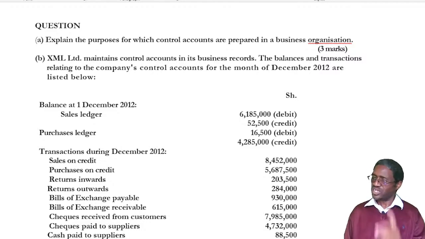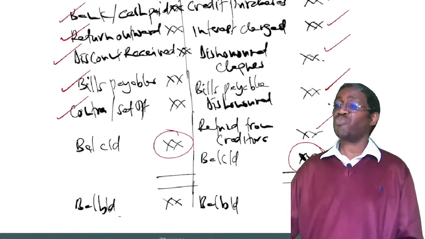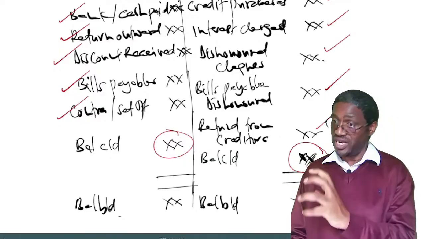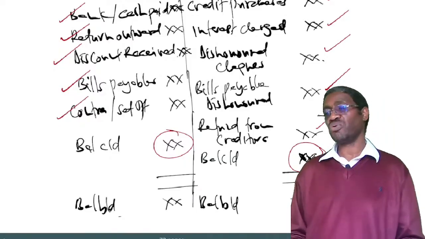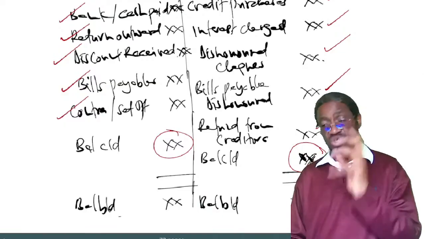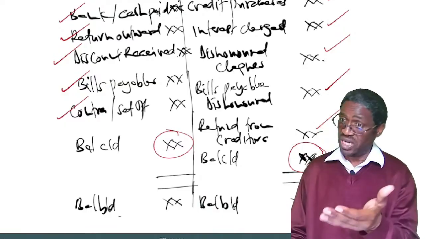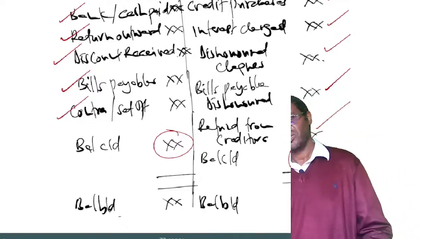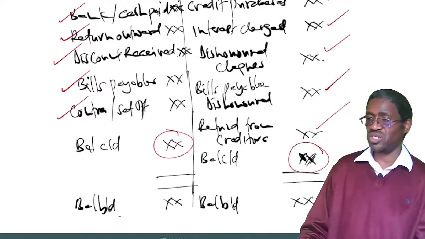Don't forget, I told you the balances for preparing the control accounts are picked from the totals of the ledgers. Therefore, if, like a trial balance, they don't agree, then of course you know there could be a fraud somewhere.